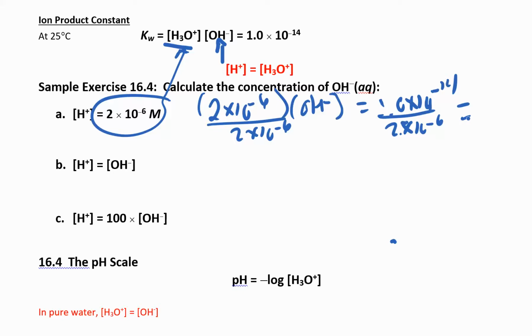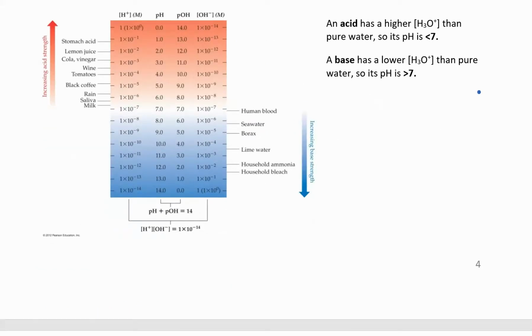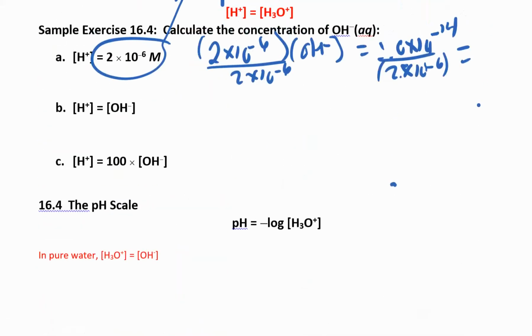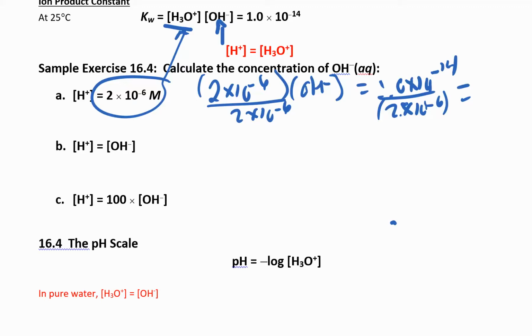If you're using your times 10 button instead of your EE button, make sure that this whole thing is in parentheses. Otherwise, you'll get the right number with the wrong exponent. That happens a lot. So when you work all this out, you get 5 times 10 to the negative 9. And that's a molar concentration.